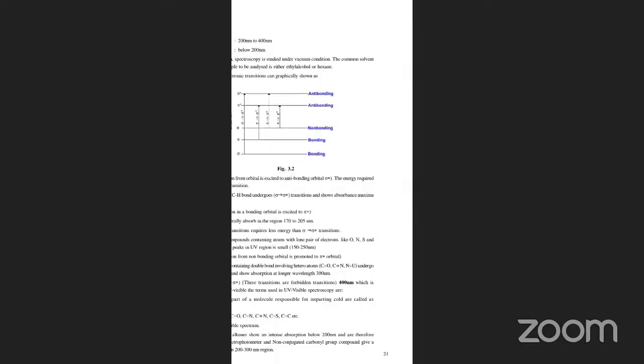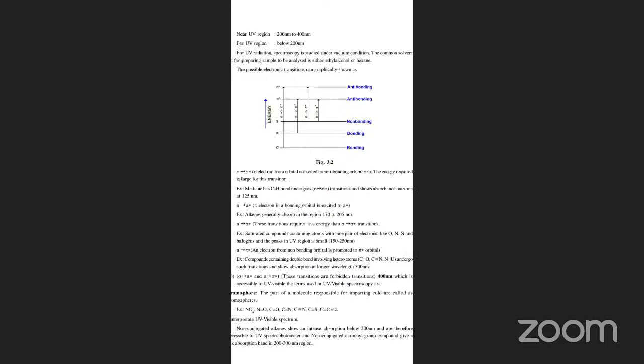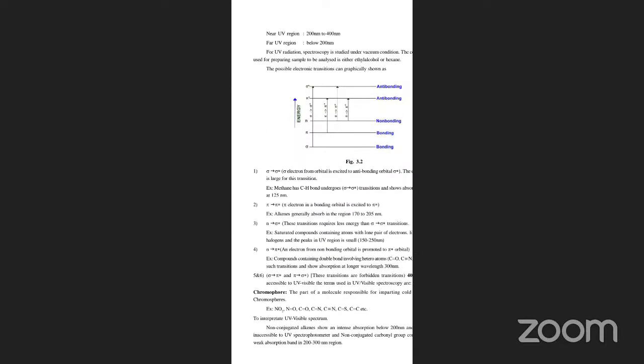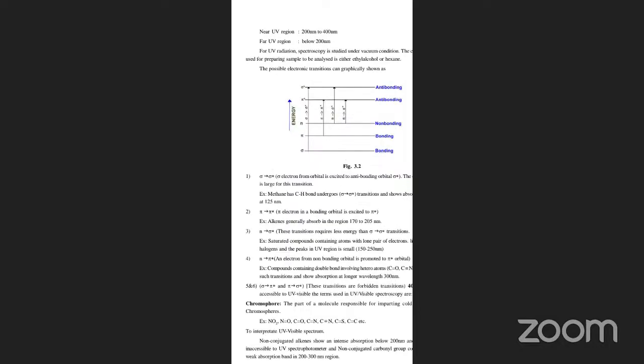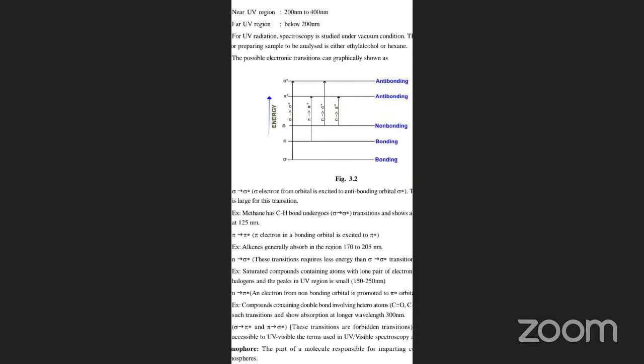The common solvent used for preparing the sample to be analyzed is either ethyl alcohol or hexane. The possible electronic transitions can be graphically shown: antibonding, non-bonding, and then bonding energy states, from sigma to pi, then n, pi dash, sigma dash.